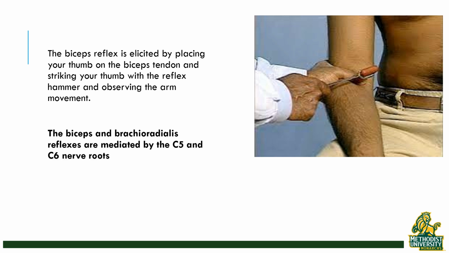We check the biceps reflex by putting our thumb on the biceps tendon and hitting our thumb. And we look for a contraction of the biceps and a flexion of the forearm. The biceps reflex and the brachioradialis reflex are mediated by C5 and C6.